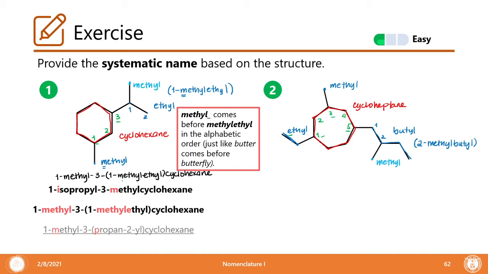And so when we assemble the name, we get 1 ethyl, 3 methyl, and 5, 2 methyl butyl, cycloheptane.